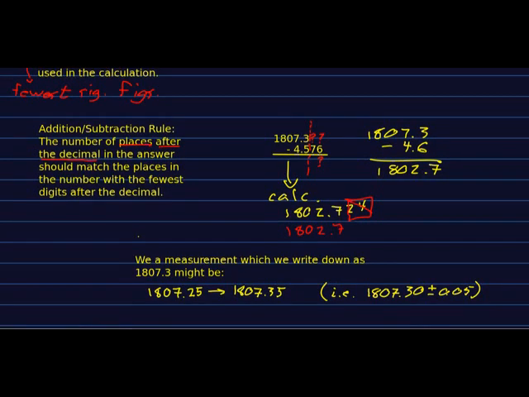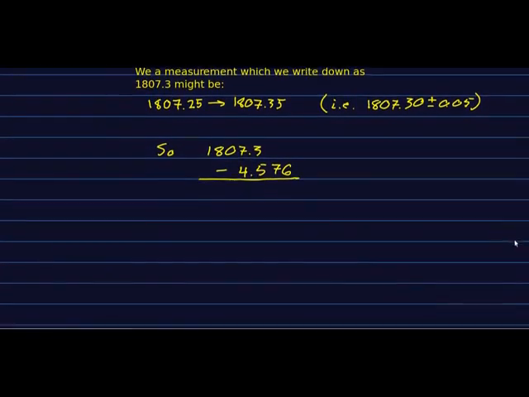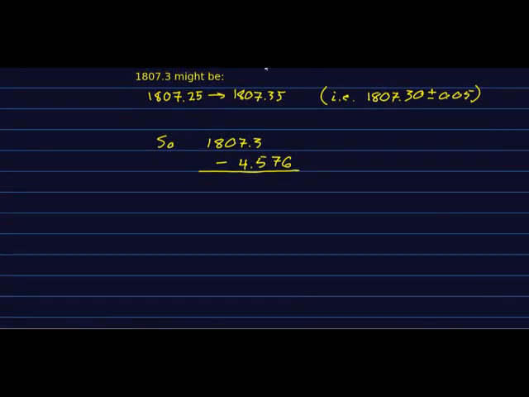So if that's how we interpret that number, and if we also interpret this other number the same way, you can think of it as having a lower limit, which would be 1807.25 minus 4.57, and everything after this doesn't matter. Right, so I'm not going to worry about writing it after there.